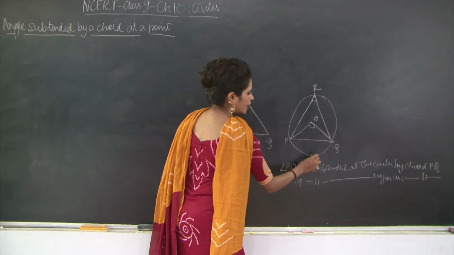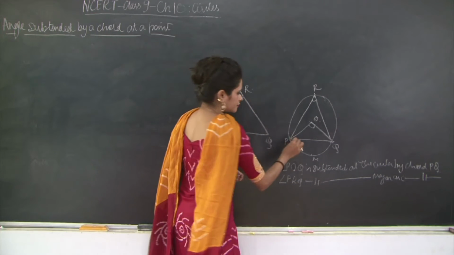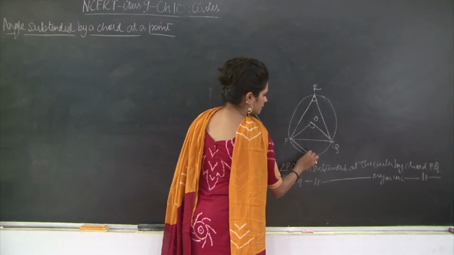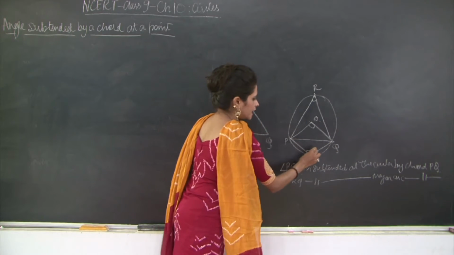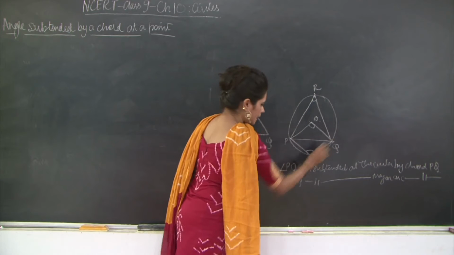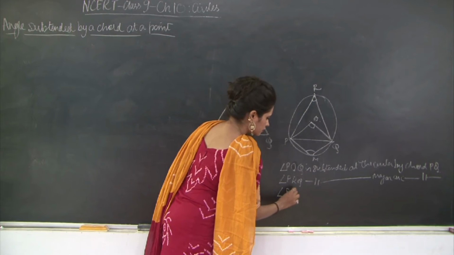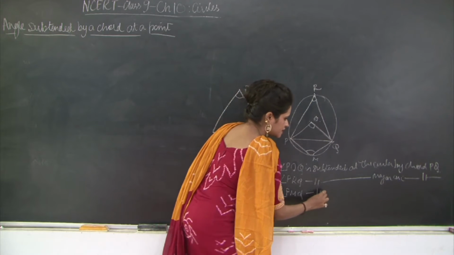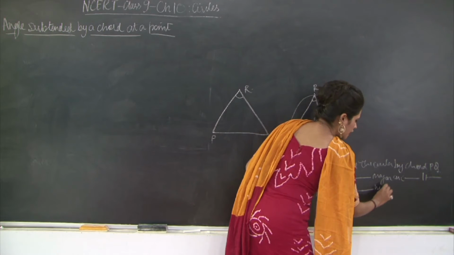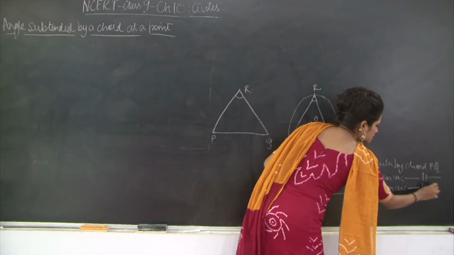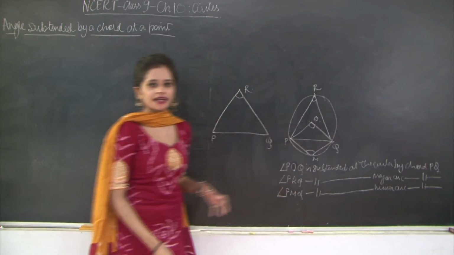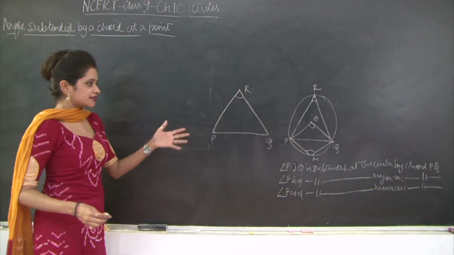Similarly, if I take a point M and I join PM and QM, then what is angle PMQ? Angle PMQ is subtended at the minor arc by segment PQ. So basically, what is the subtending?